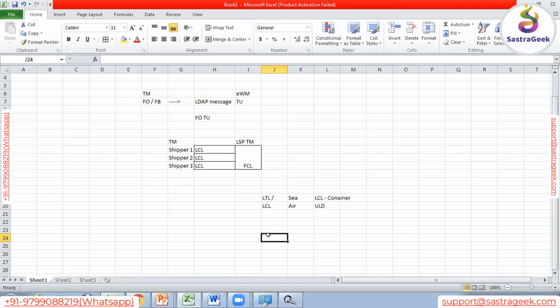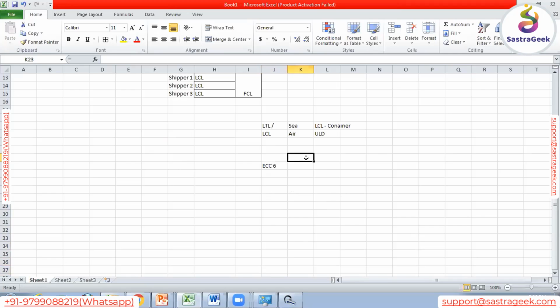TM has something called a transportation lane that takes precedence. Let me explain. In one of my previous experiences, we had ECC 6 implemented in the business systems, and they had TM, but they did not purchase a standalone TM box. They purchased S4 HANA embedded TM.